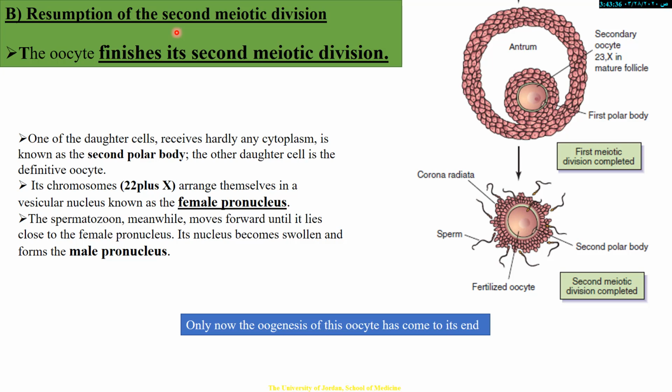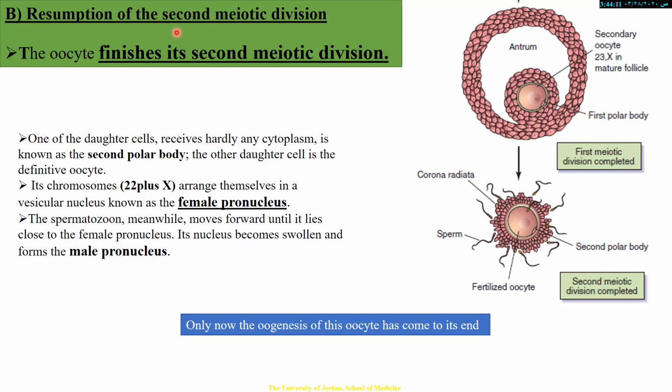So as I told you, until now this oocyte, named secondary oocyte, was arrested in metaphase of meiosis II. So it is the second time that the oocyte is arrested. The first time was in the diplotene stage of meiosis I, from birth until puberty for each individual oocyte.